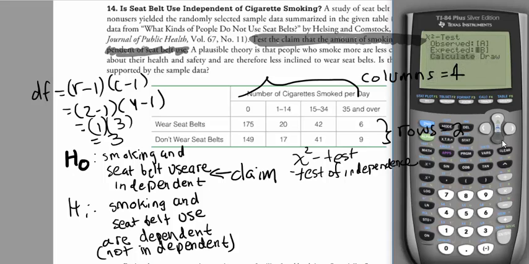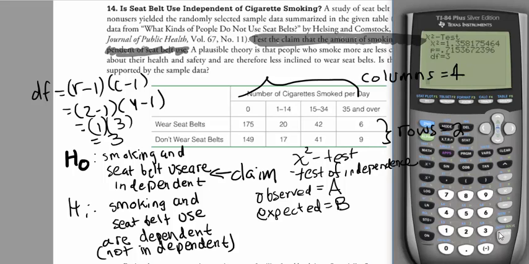Now make sure the observed is in A and the expected is in B. Now remember, we didn't actually put anything in B, but the calculator will calculate all of the expected values, or the expected frequency, for us. So we don't have to do that. So we go down to enter, and here we go.